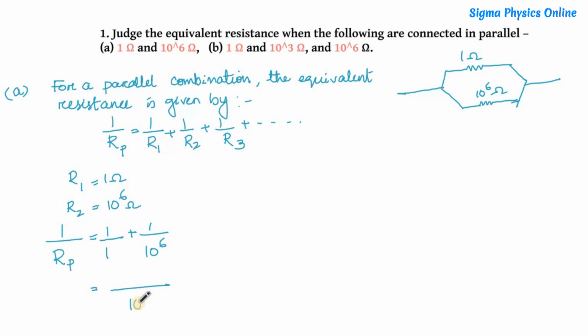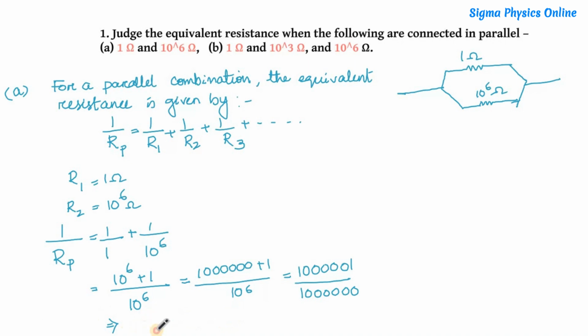The LCM is 10 to the power 6. So it is (10 to the power 6 plus 1) by 10 to the power 6.